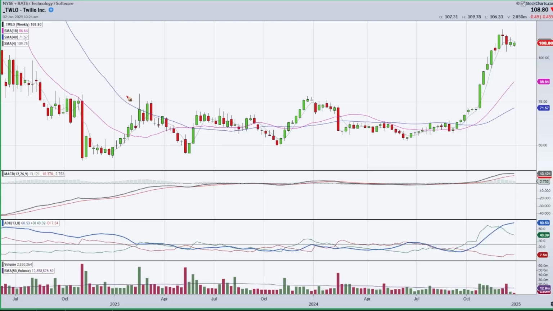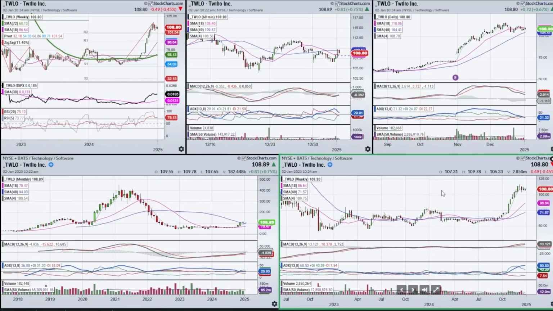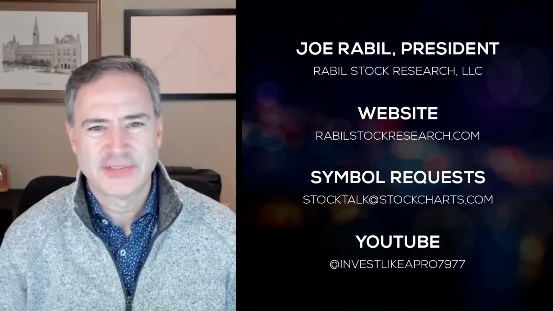And I don't like the fact that it's so far away from support. I'd like to see this form a little bit more of a consolidation pattern, but I've got to tell you, this is a stock you have to have on your watch list. You want to be on the lookout for a little bit deeper pullback. Watch for this to at least come down a little bit closer to 100, I would say, at a minimum, to get this a little bit closer to support and maybe make the risk reward a little bit more attractive.